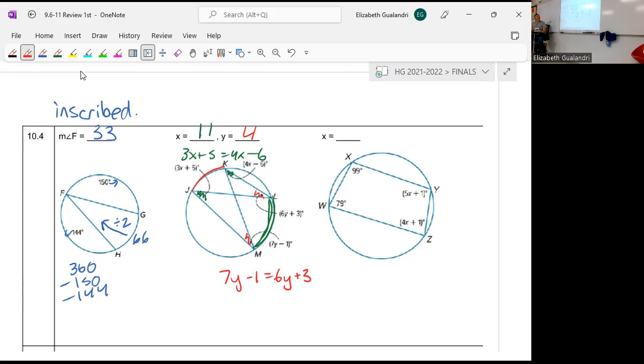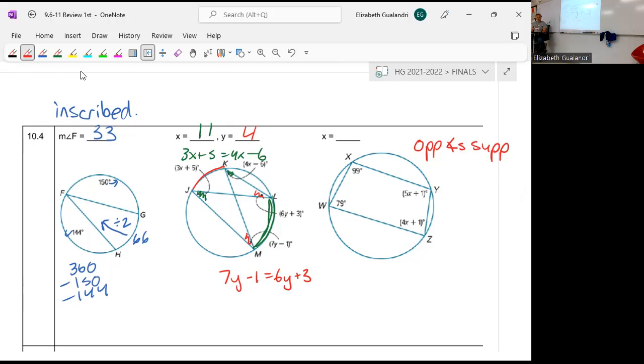Then the last one that we have here is that if you have an inscribed quadrilateral, then you know that the opposite angles are supplementary. They're not equal to each other. You know that they add up to 180. We did it with the arc measured all the way around since the circle was 360, but those opposite angles are supplementary. Okay, so you can do this one in a few ways. You could actually solve this without knowing that because you know that the angles all add up to 360 and you only have one variable.